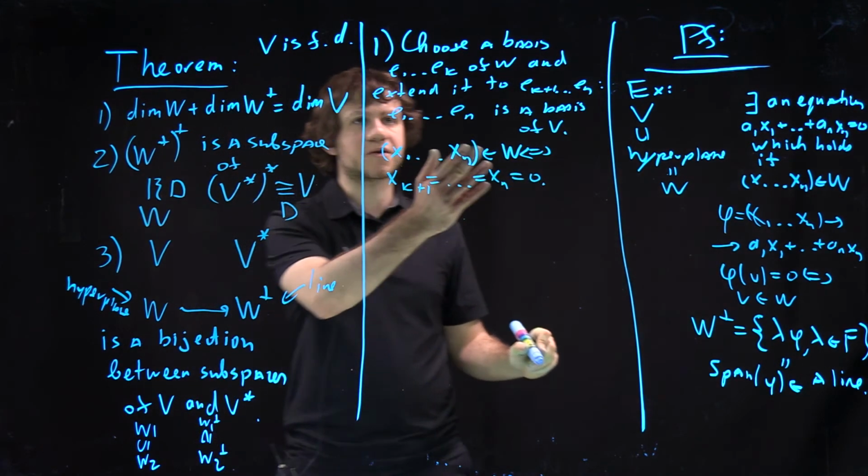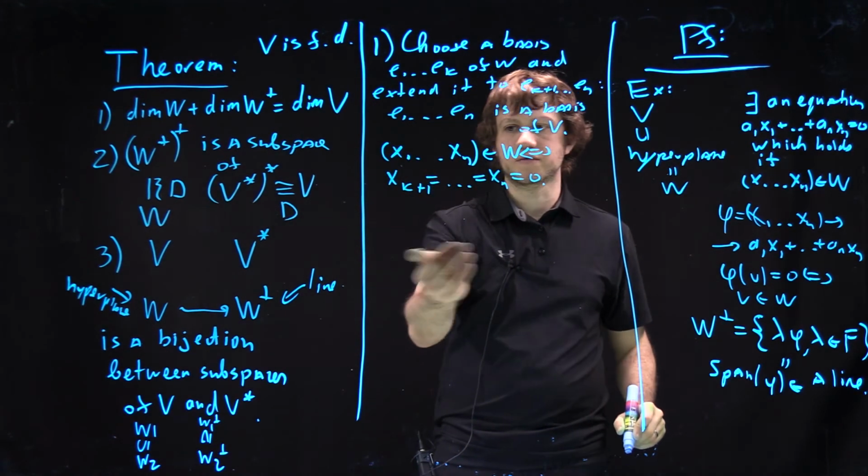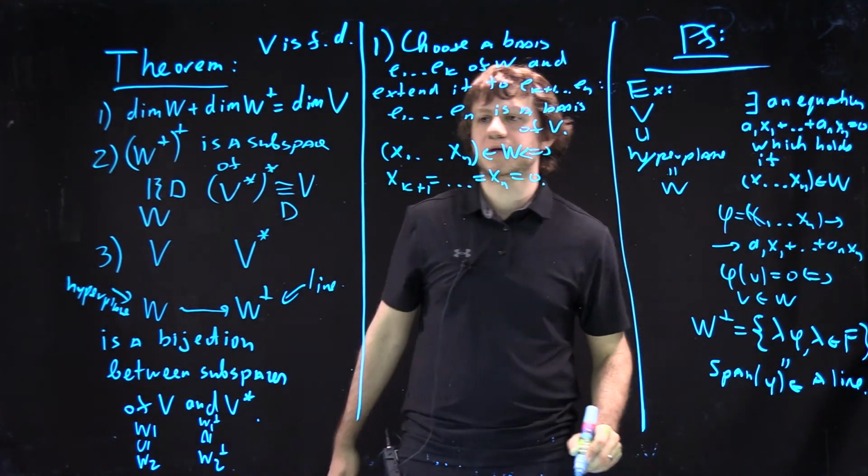So basically, you think of this W as the space of solutions of this very boring system of linear equations.